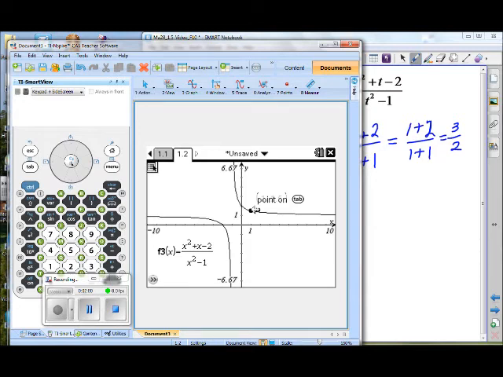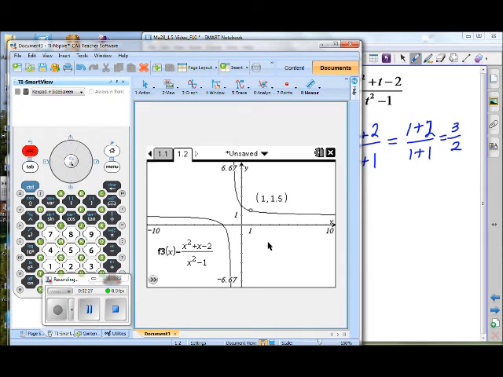We're going to change the attributes of that point. Press Enter, and that opens up a menu that, if you use the right or the left, you can get to various ways of representing that point. And as long as I find something that has an open dot, I'm going to press Enter, and that now is an open dot.